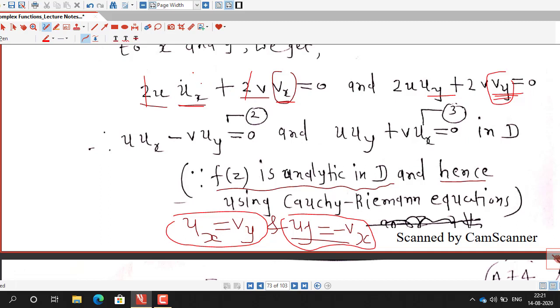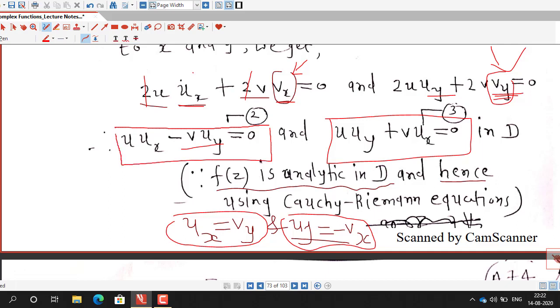Here I have converted all these partial derivatives in terms of partial derivatives of u using the Cauchy-Riemann equations. So vx is replaced by minus uy and vy is replaced by ux, and we give these numbers 2 and 3. Okay, we are going to use these equations.